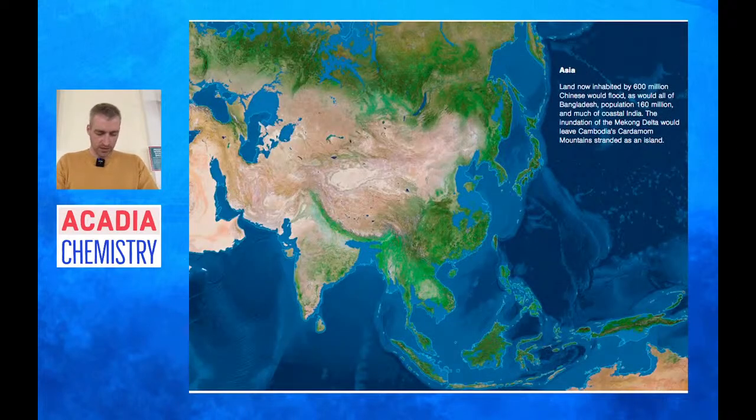This is another one looking at Asia, and you can see large parts of China would be submerged. That white line, by the way, is the current boundary. Bangladesh too. There's huge numbers of people who would be displaced in a scenario like this. 600 million people in China, 160 million in Bangladesh.